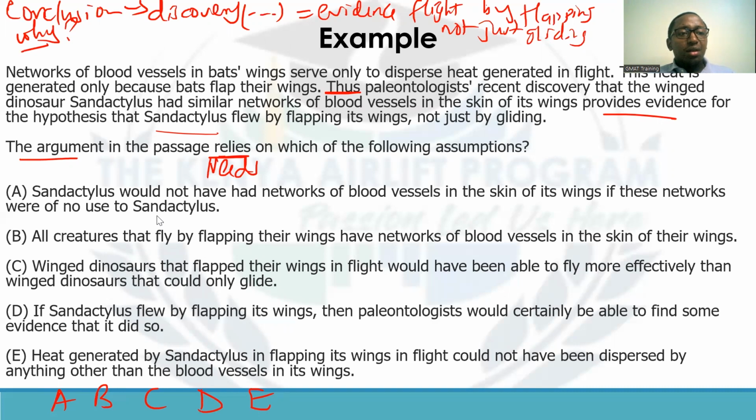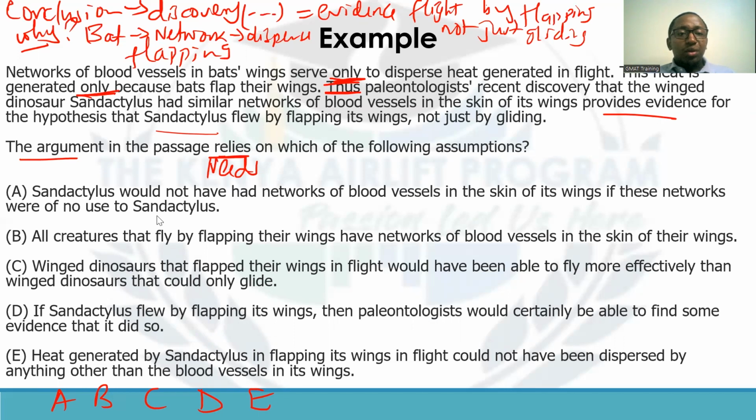Because we have a bird that has the same network of vessels that disperse heat generated from flapping. In the case of birds, the blood vessels serve only to disperse heat generated in flight, and this heat is generated only because birds flap their wings. So we can say that these vessels just disperse heat generated from flapping their wings. So note the extreme language there, it's very important.